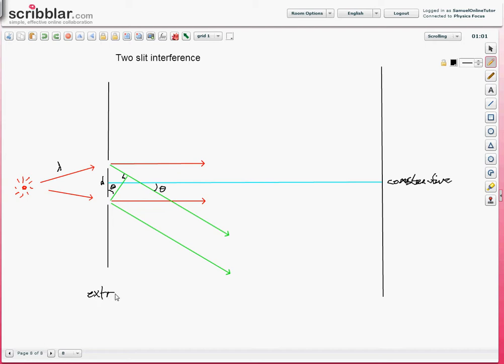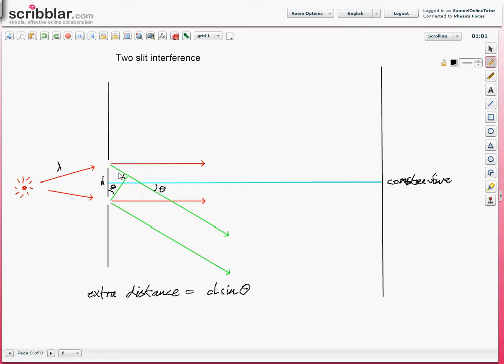So the extra distance equals d sine theta. That's the extra distance that the light travelling along this upper green line has to travel.